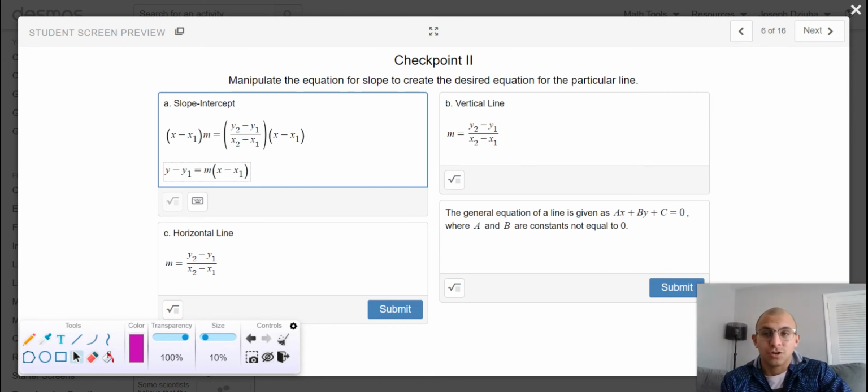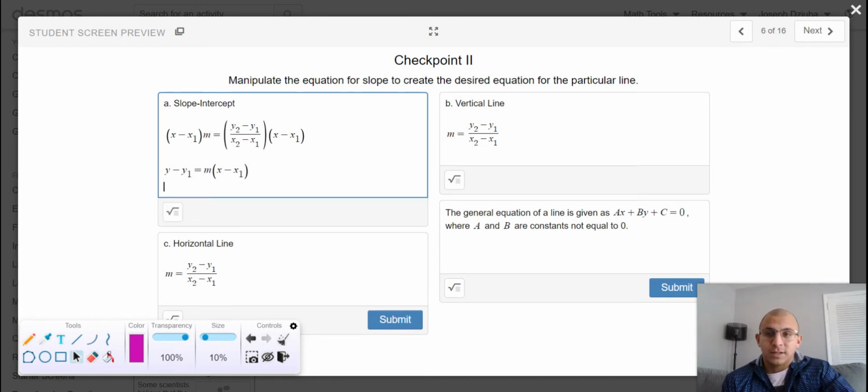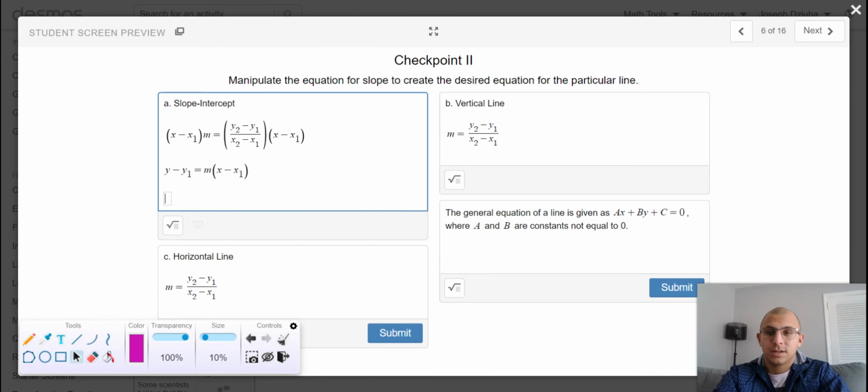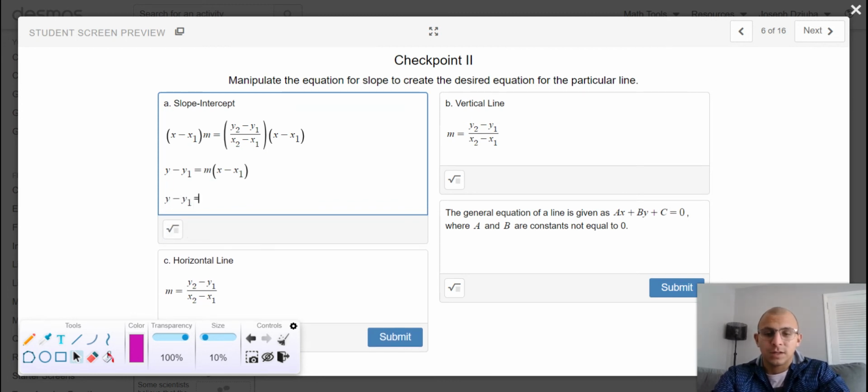You could distribute in this situation, and you'll come to find that y minus y sub 1 is equal to mx minus m times x sub 1.